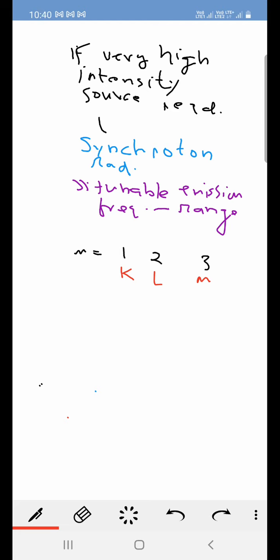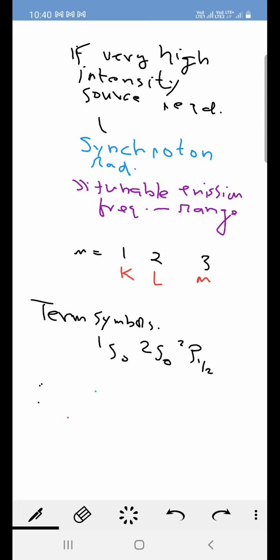That means if the term symbols are, say, 1s 1/2, 2s 1/2, 2p 1/2, and 2p 3/2, then the X-ray notation symbols are K, L1, L2 and L3.